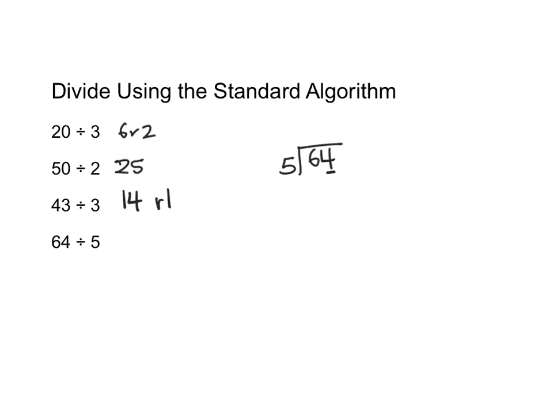So when I look at my tens, I say, oh, well, in 6, there is one group of 5. 1 times 5 is 5. When I do that subtraction, I'm left with 1. I bring down what's left in the ones. That's 4. Well, in 14, I know there are 2 5s. 2 times 5 is 10. And I do my subtraction, and I have 4 left. So my answer on this one is 12. Quotient is 12. My remainder is 4.